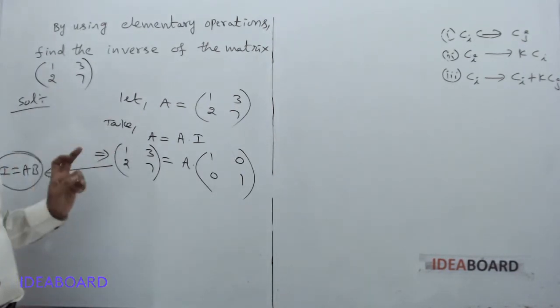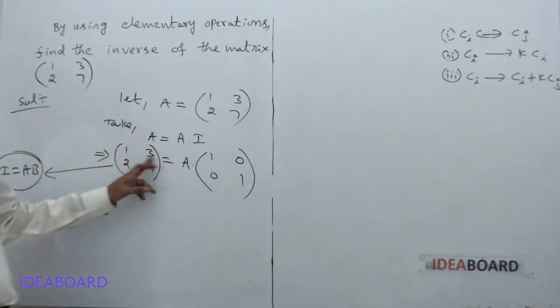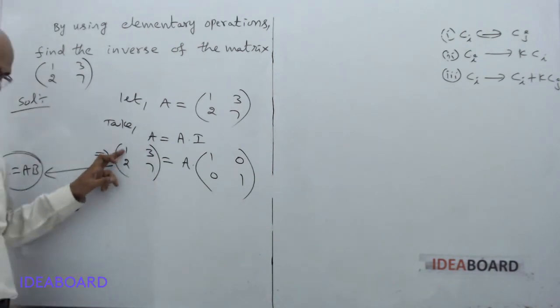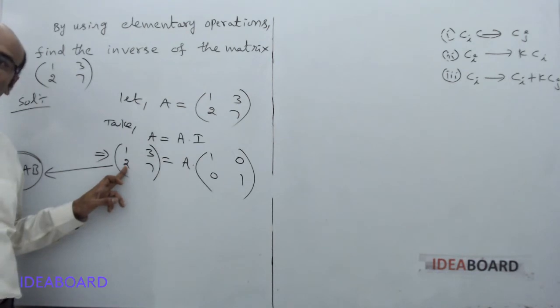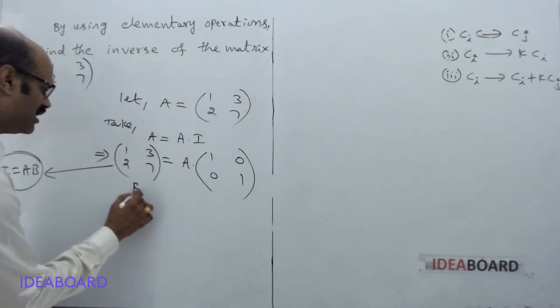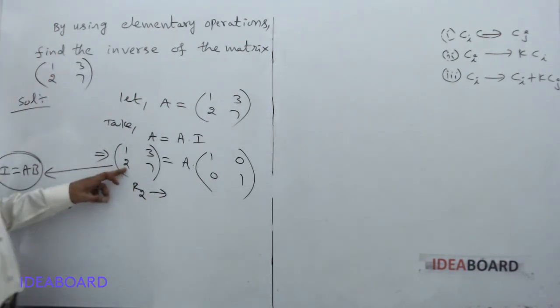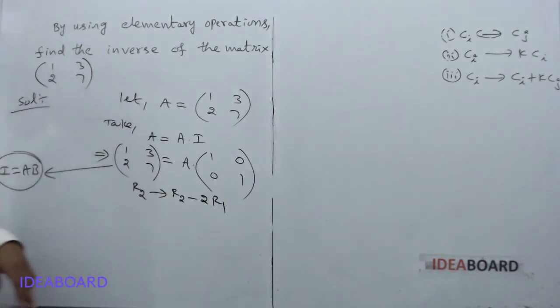So I means we know that I equal to 1, 0, 0, 1. In this place we should get 1, 0, 0, 1. Now here the first element we are having 1 only. Here we have to get 0. So to get 0, what we have to do here, we should take R2 implies R2 minus 2 into R1.